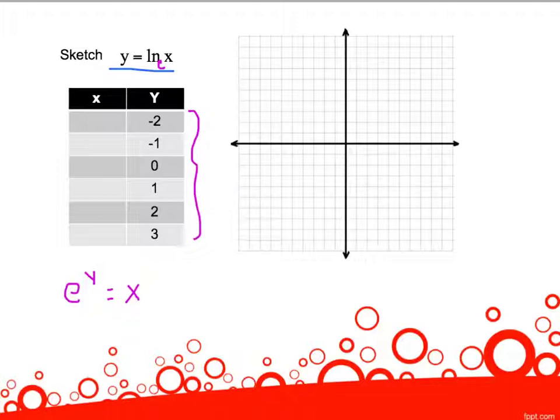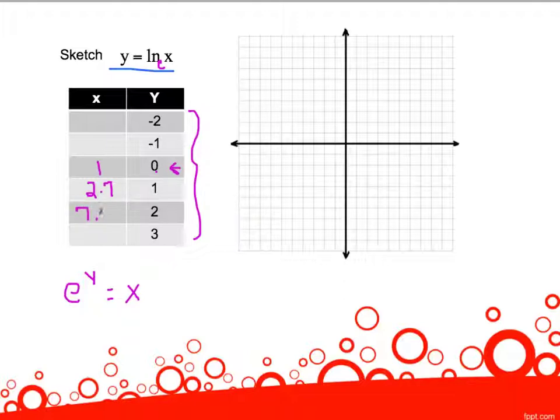We'll start with 0 first because that's the easiest one. e to the 0 would be 1. e to the 1 would be e, which we know is 2.7. e to the second, you can use your calculator and get that e squared is 7.4.